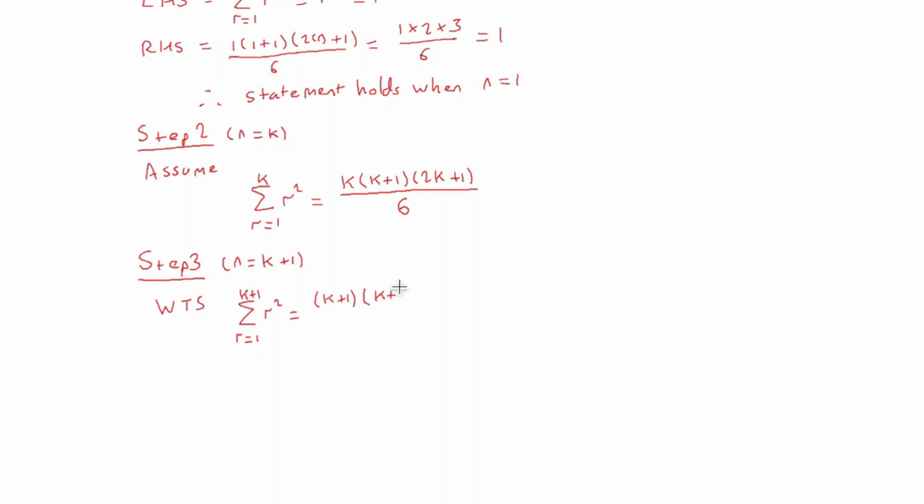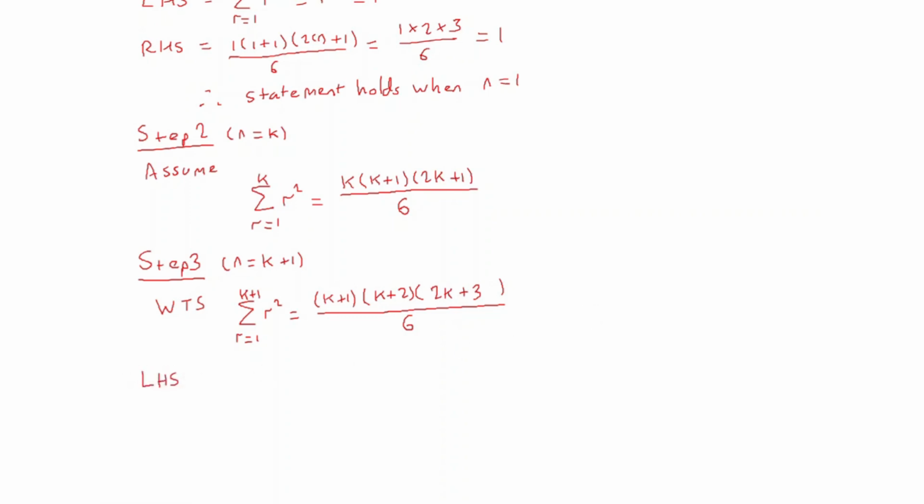And the last bracket is 2 times (k plus 1) plus 1, all over 6. Now this last bracket is going to simplify a little bit. We can expand this to get 2k plus 2 plus 1, so 2k plus 3. So I'm just going to simplify that down to 2k plus 3.